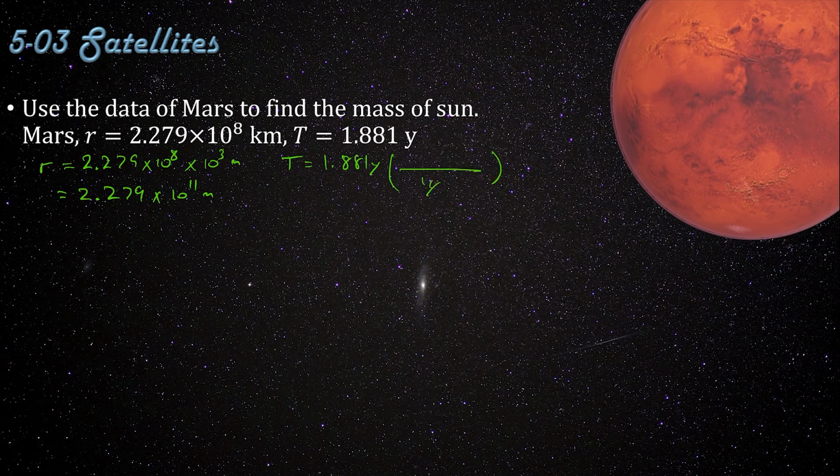So 1 year is 365.25 days, because we have a leap year. And then 1 day is 24 hours. And 1 hour is 3,600 seconds. So the year canceled, the days canceled, the hours canceled.